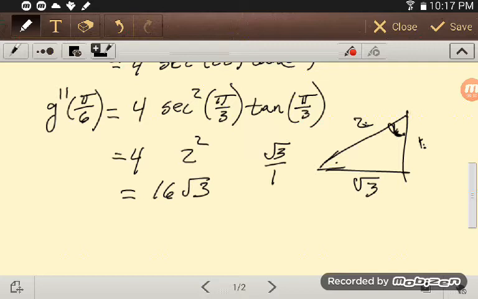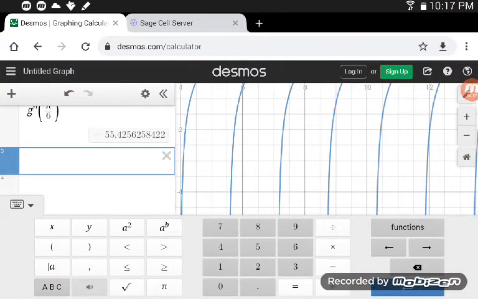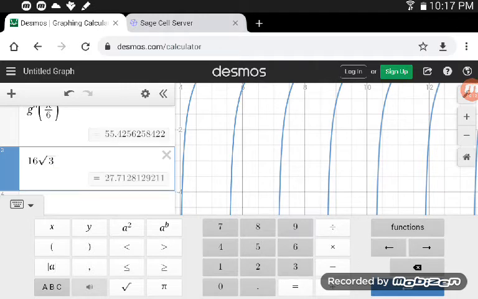So that's interesting. Let's try this out. 16 times the square root of 3, because 16 times 3 is 48. It doesn't seem like it's the same answer. 27.7. We got half.